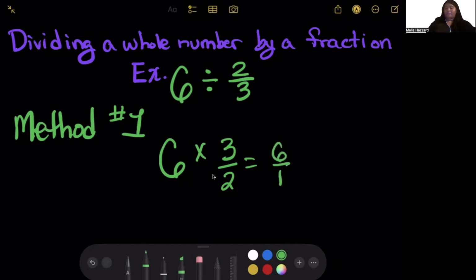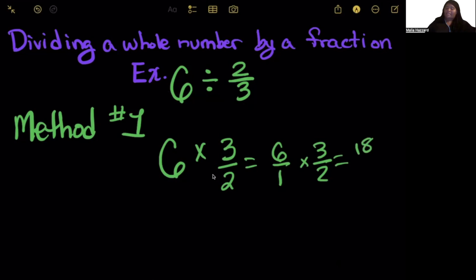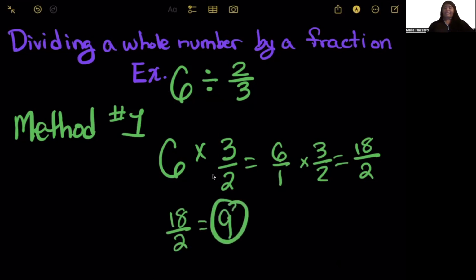It'll be 6 over 1 times 3 over 2 to keep everything nice and neat. I'm going to multiply straight across. On my numerator, 6 times 3 gives me 18. Divided by 2 times 1 gives me 2. I now still have to simplify. 18 divided by 2 equals 9. 9 is my final answer.